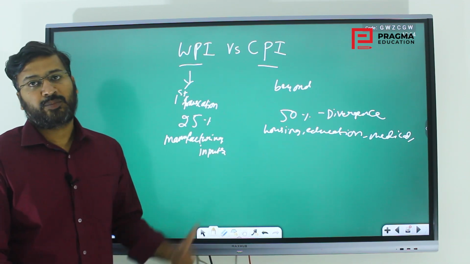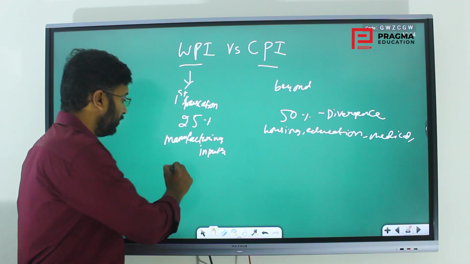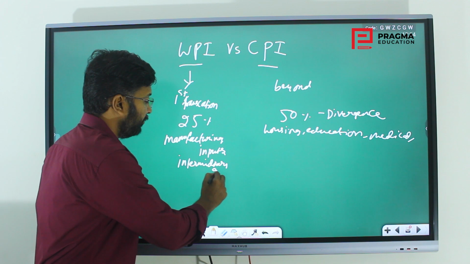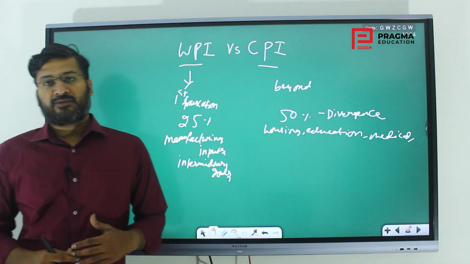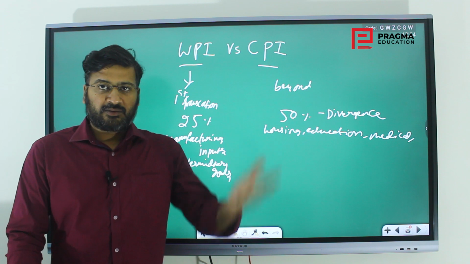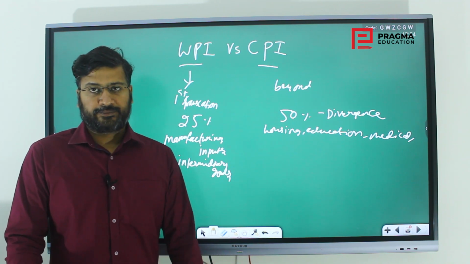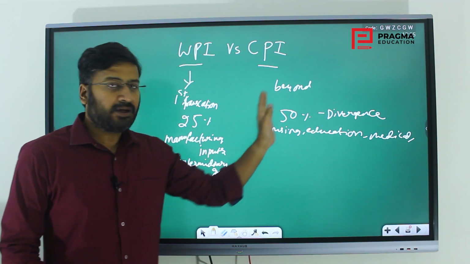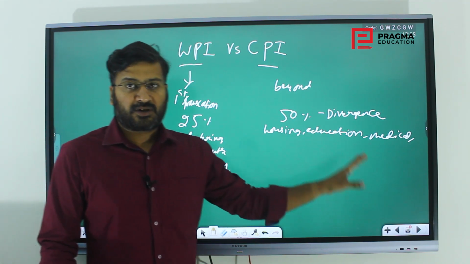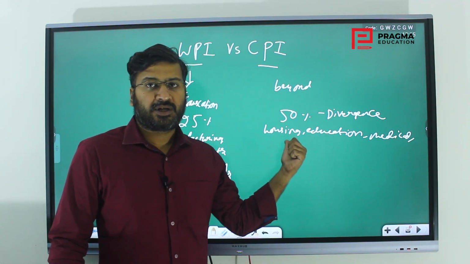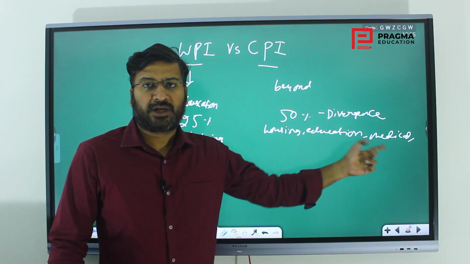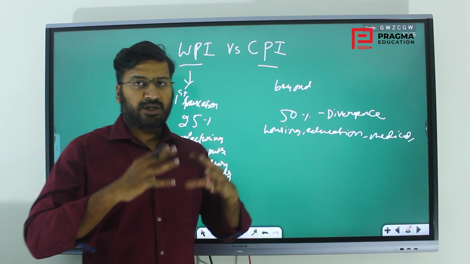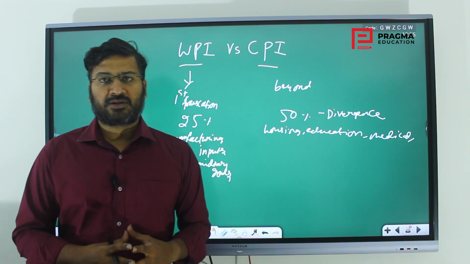That is what WPI gives, the manufacturing inputs on goods and intermediary goods. Intermediary goods are the goods which are further used as raw materials for further value addition or processing. So it gives insights on the supply side. CPI is on the demand side. Services are also included, like how much people are spending on housing, education, medical, health and other aspects. So it is more comprehensive on the demand side, and the total indirect taxes are also included.